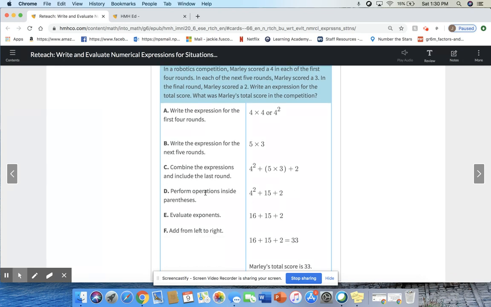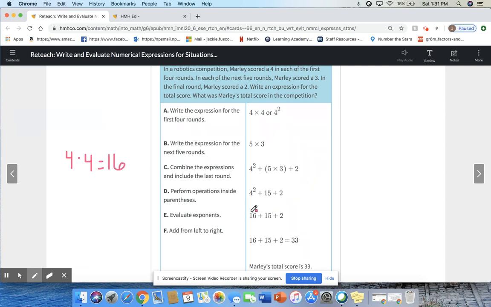Perform operations inside the parentheses first. So 5 times 3 is 15. That's why 5 times 3 becomes a 15. The next thing we do is look at the exponent. Well, 4 to the second power, I know, is 4 times 4, 4 two times, right? And I know that equals 16.